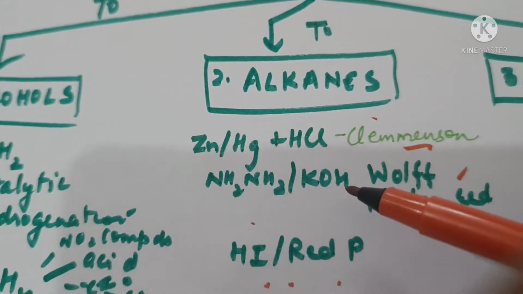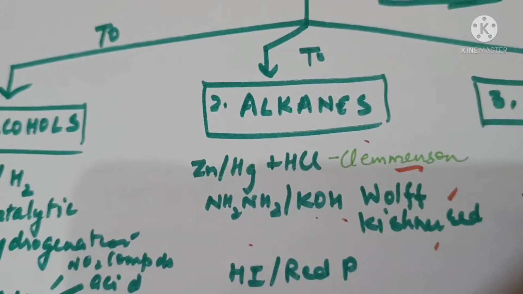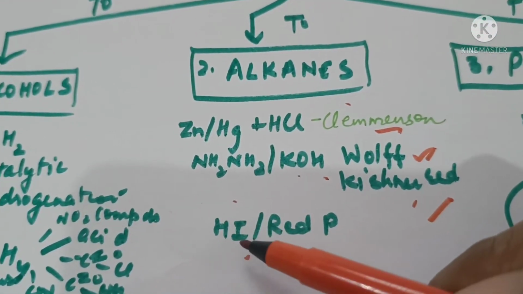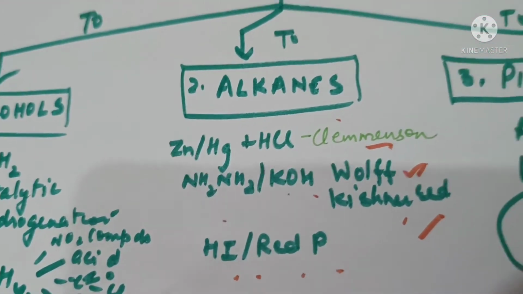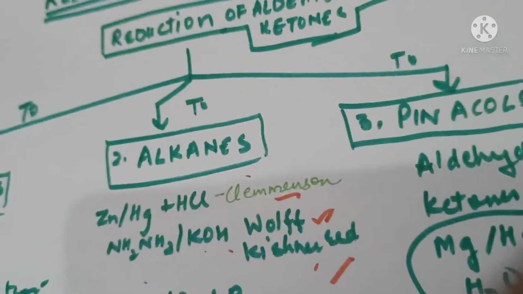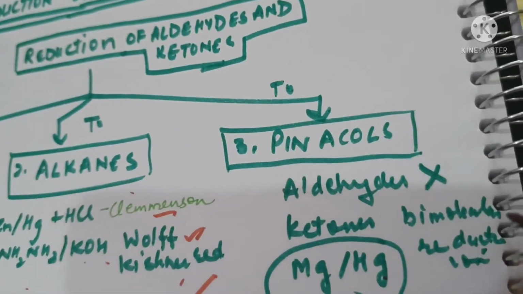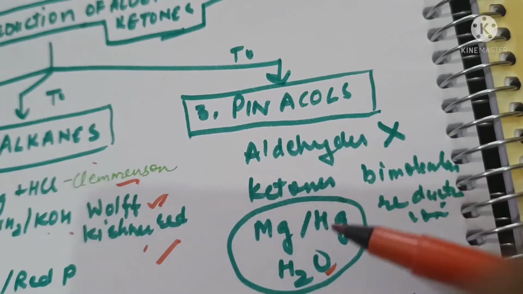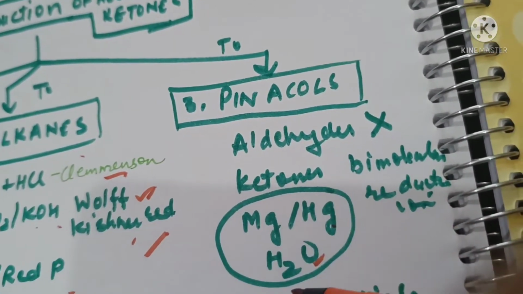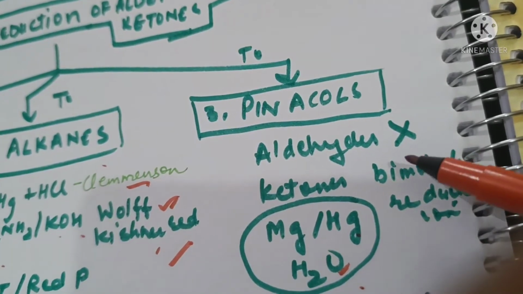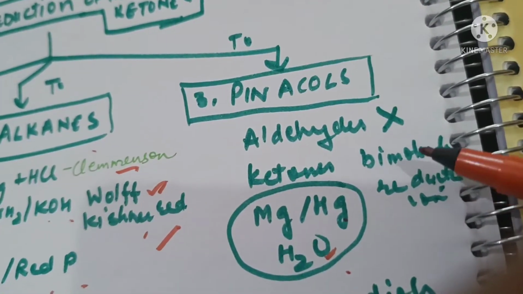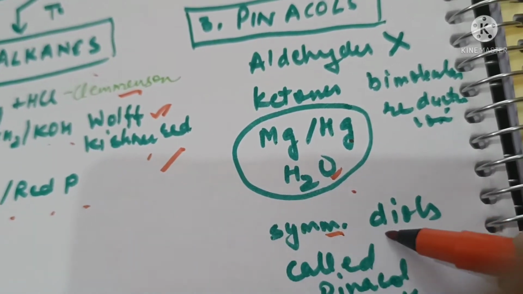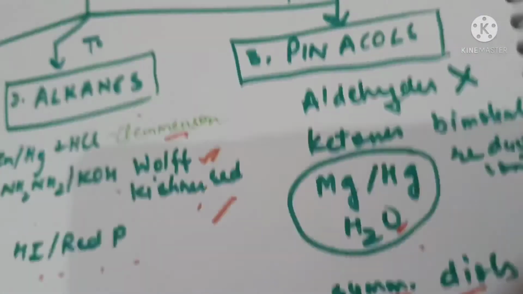By hydrazine and potassium hydroxide, this type of reduction is Wolff-Kishner reduction. And with hydrogen iodide and red phosphorus also, we can reduce aldehydes and ketones to alkanes. And for converting them to pinacols, we treat ketones with magnesium amalgam and water. They are converted, bimolecular reduction occurs, and they are converted to symmetrical diols, which are also known as pinacols.